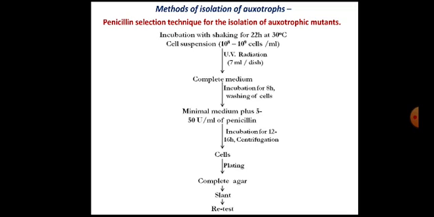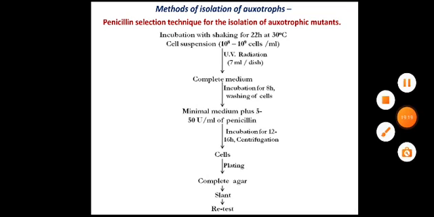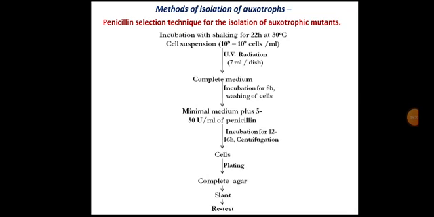This is an example of a method of isolation of auxotrophs. This method is called the penicillin selection technique for the isolation of auxotrophic mutants. In this case, the organisms or the wild types are exposed to a mutagenic agent.